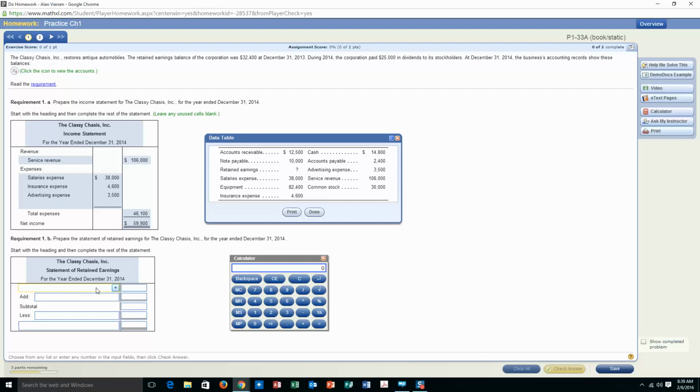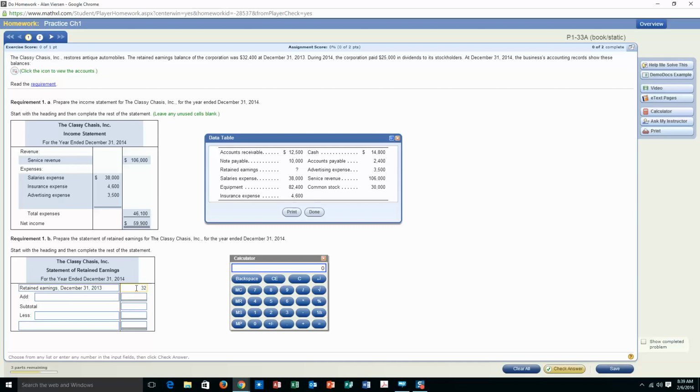And this statement of retained earnings begins with the beginning retained earnings. So that was December 31st, 2013. Now notice, I got that information not from the data table, but up here in the beginning scenario. So you have to use both the scenario and the data table to find this information.